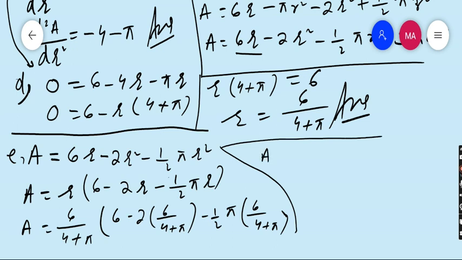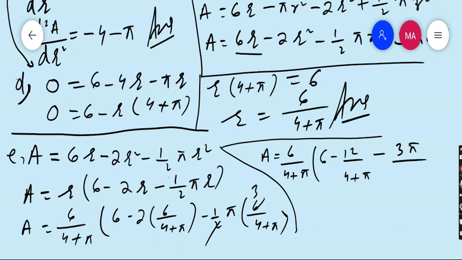So a is equal to 6 upon 4 plus pi into 6, 2 6s are 12, 12 upon 4 plus pi minus 1 upon 2, 2 3s are 6, minus 3 pi upon 4 plus pi.